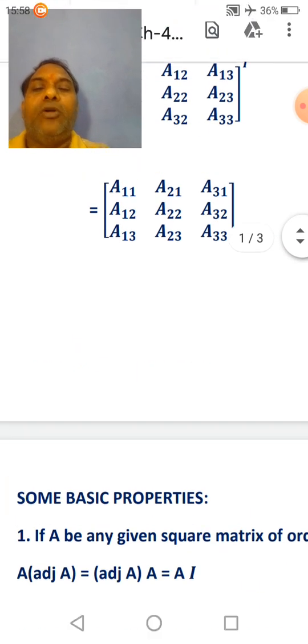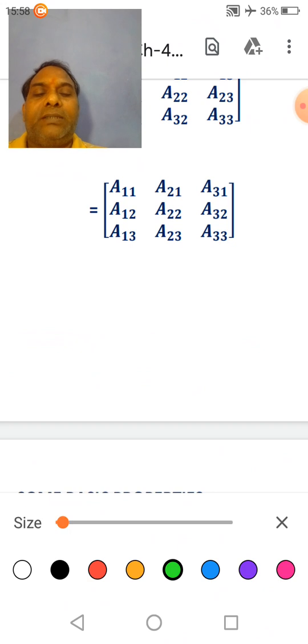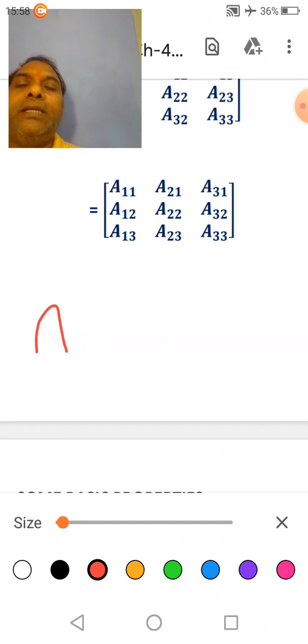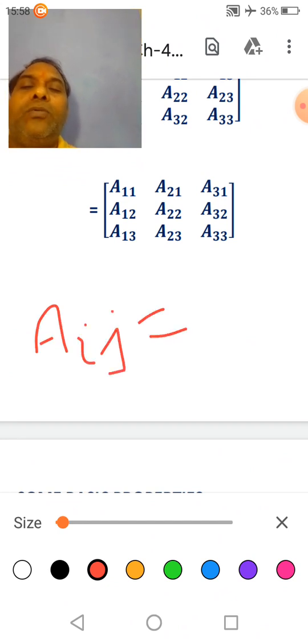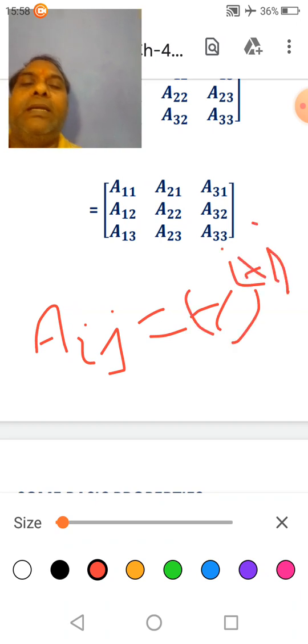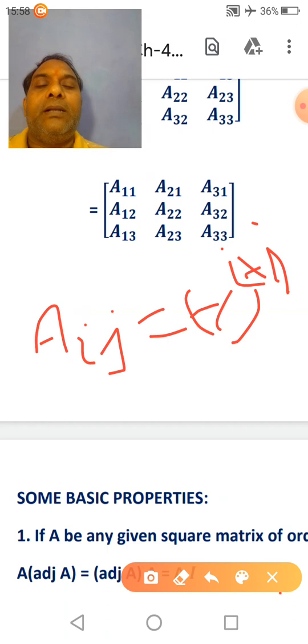Also in the previous lecture you studied about cofactors. The formula of cofactor is Aij equal to minus 1 to the power i plus j into Mij. Clear?